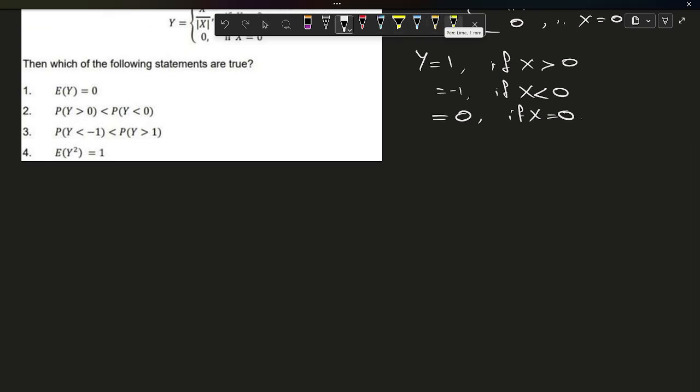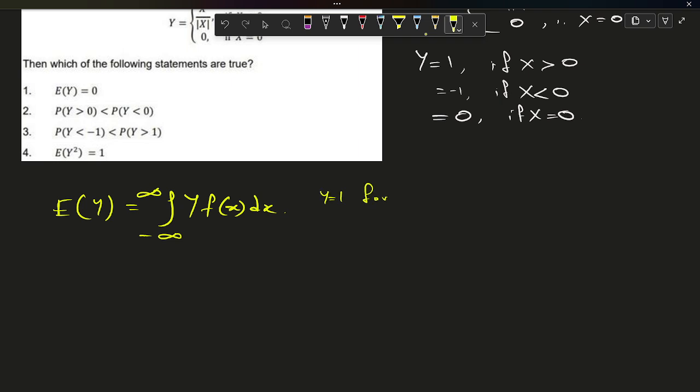From the definition, expectation of y is equal to the integral from minus infinity to infinity of y into f(x) dx, where y is 1 when x is greater than 0 and y is minus 1 when x is less than 0.